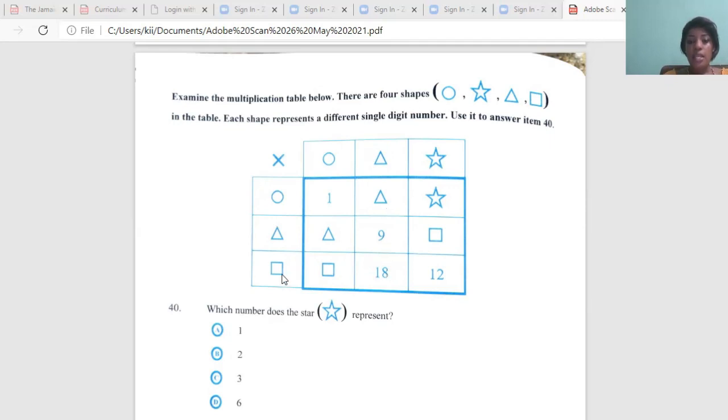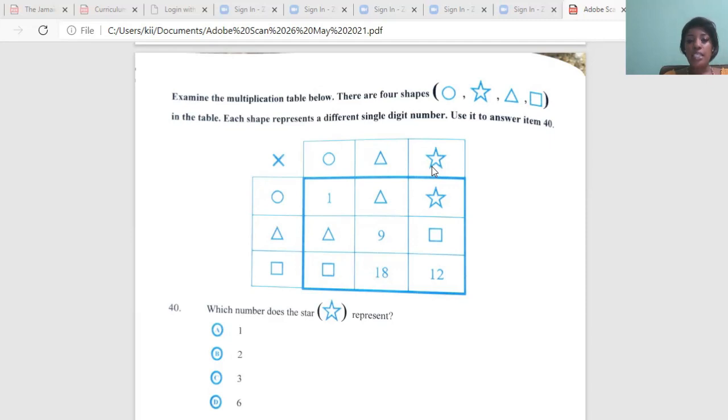And because this square is 6, 6 times 3 equals 18. I hope you're following. And I feel much more confident as I go through the grid. So this row here is 3, 9, 18.